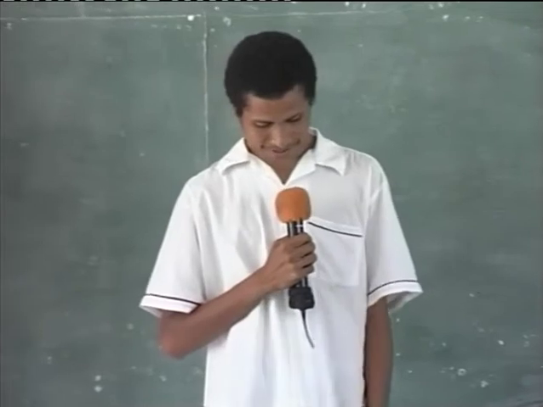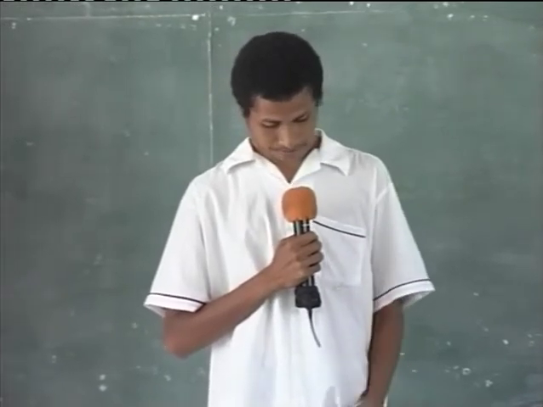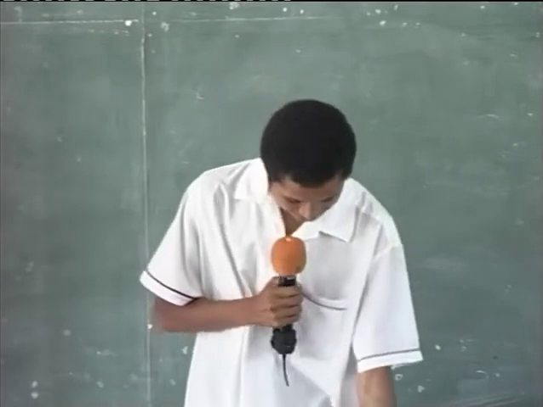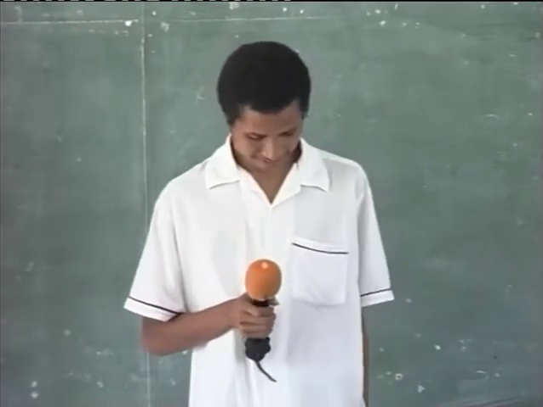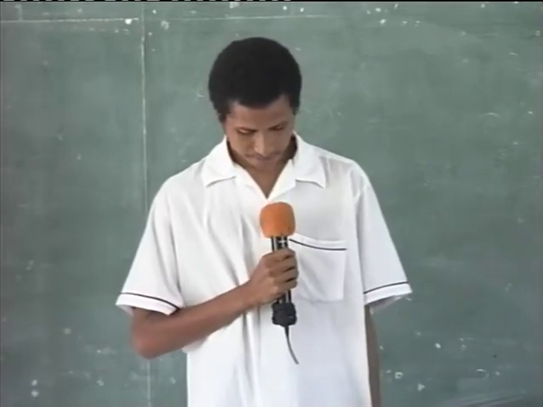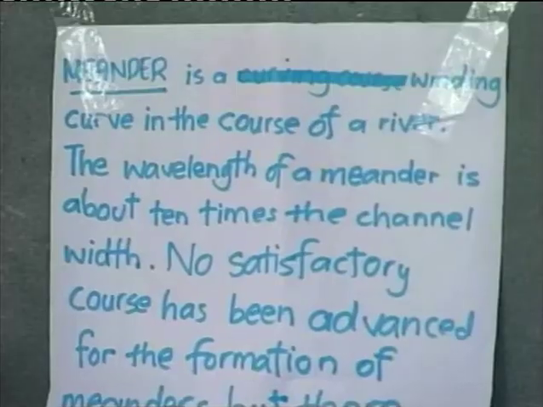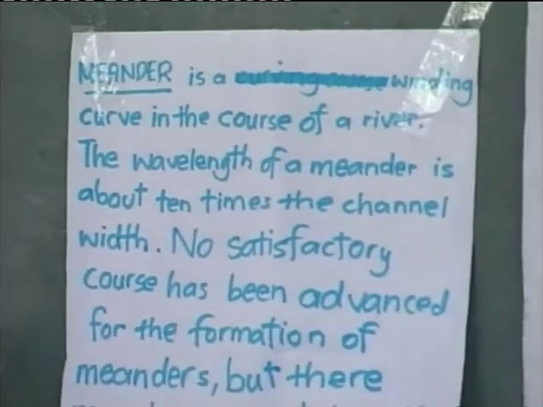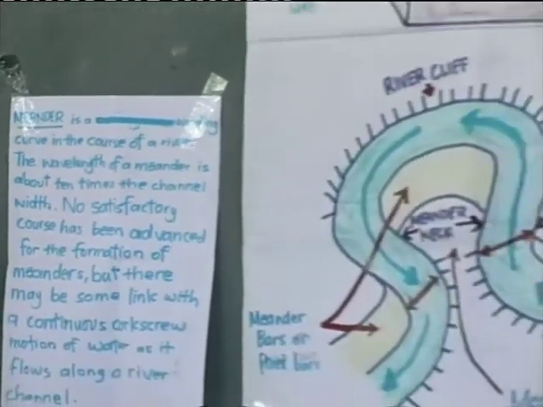Our group presentation is based on the formation and processes involved in meandering. But first of all, I'll give a simple definition. Meander is simple, the twist and turn, this part here of a river.